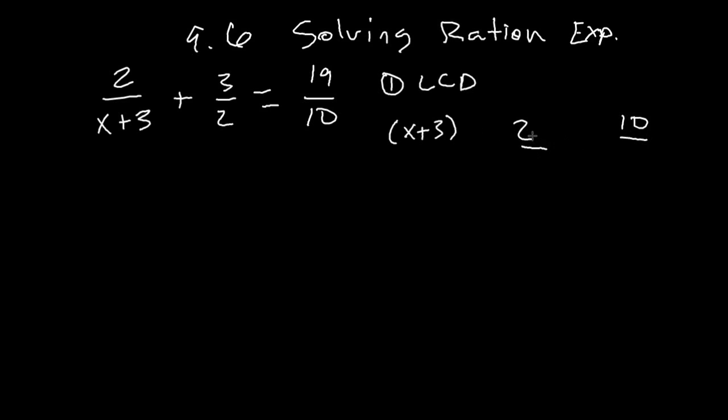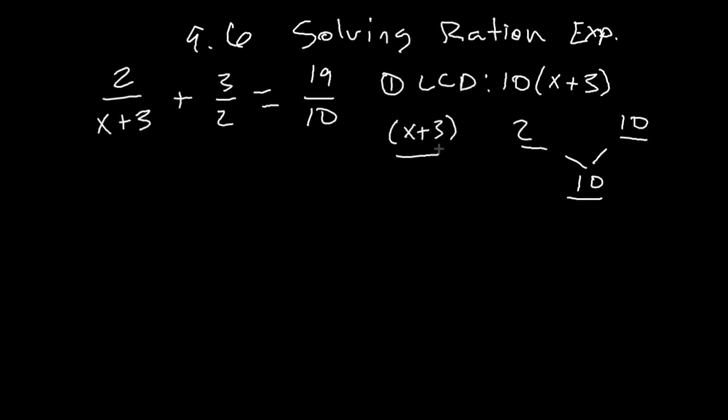Here's how this works. Write down, or you can factor this. This is 2 times 1, and this is 5 times 2, or you can just think, what do 2 and 10 both go into? Well, our winner is going to be 10. So we write down our LCD is actually going to be 10 times x plus 3.